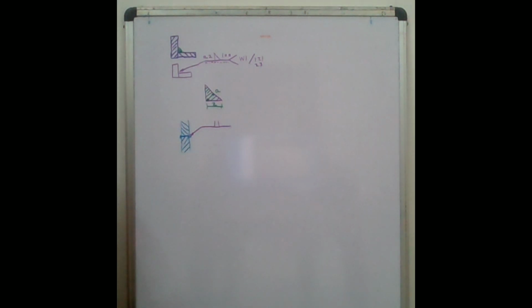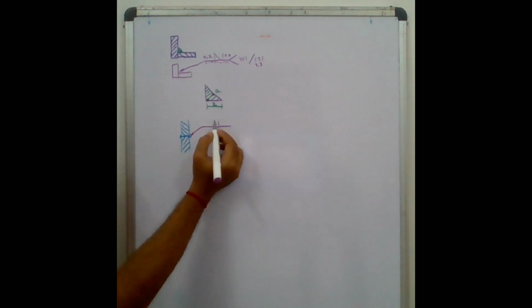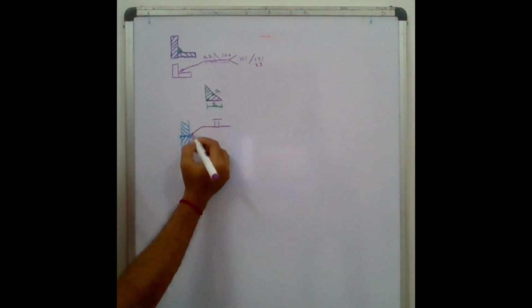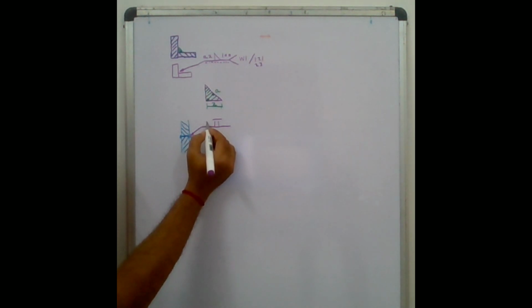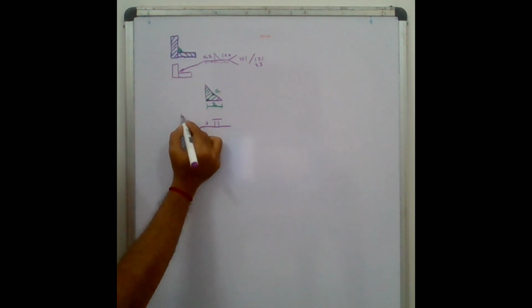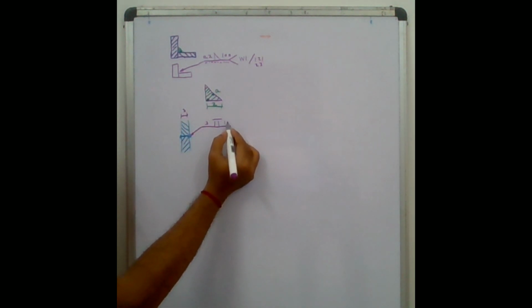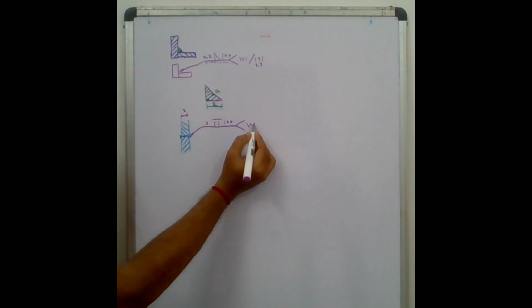If we want to grind this weld after completing it, then we can show a flat line on top of it. Then the weld size is 3 mm, let's say the thickness is 3 mm, and we need 400 mm, and let's say this is W2.